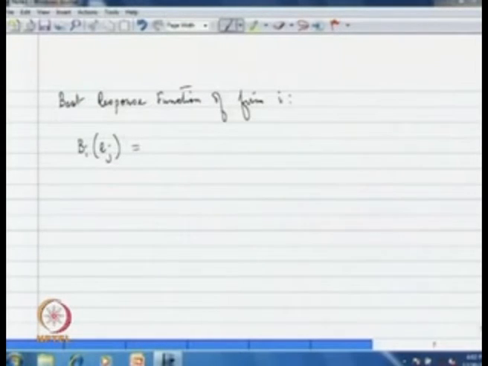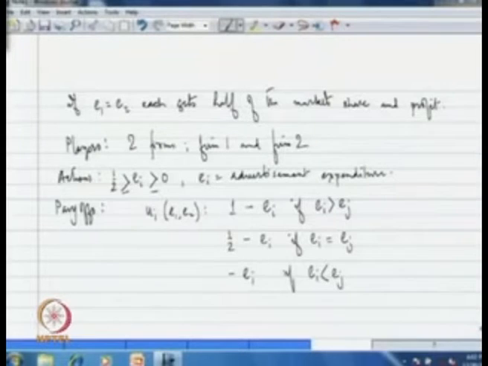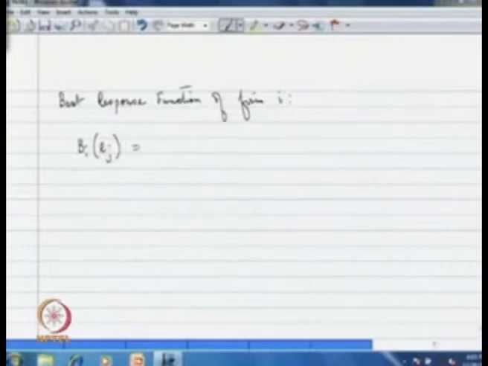So, always the firm I would like to have its expenditure slightly higher than the other firm's expenditure, greater than E j, but by how much? There is no unique E I which is greater than E j, but lowest among all the possible values that it can take. So, therefore, it is given by this null set.